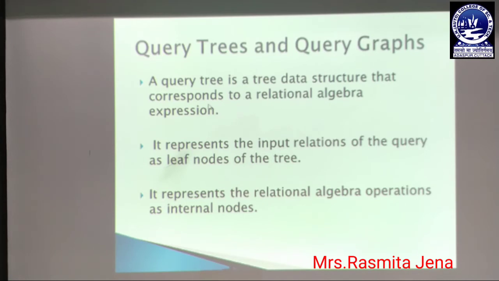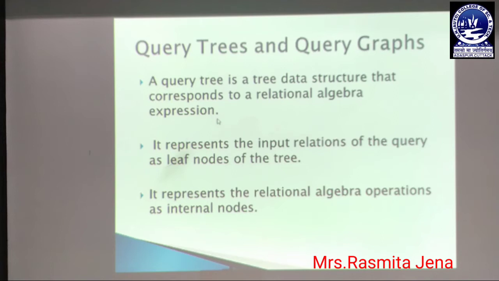That means how we can form a query tree, or the steps for forming a query tree for a particular relational expression. A query tree is a simple data structure tree. That means, as in a data structure tree, this tree also contains nodes and edges. We will also form the branches for the query tree, and this is a simple tree that corresponds to a relational algebra expression.